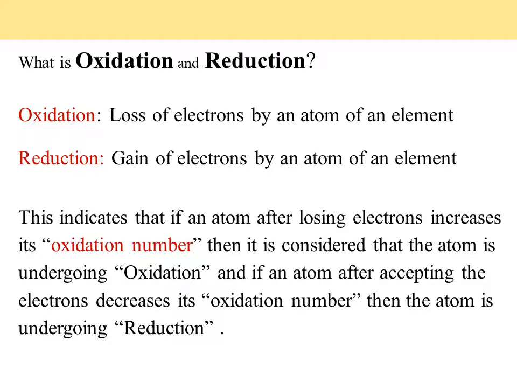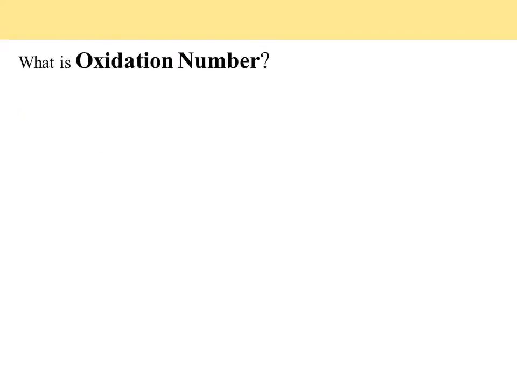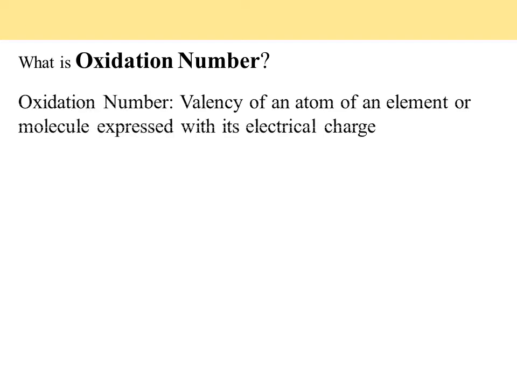Okay. Now automatically another question is popping up: what is oxidation number? Questions one after another. Oxidation number is basically the valency of an atom or molecule expressed with its electrical charge.